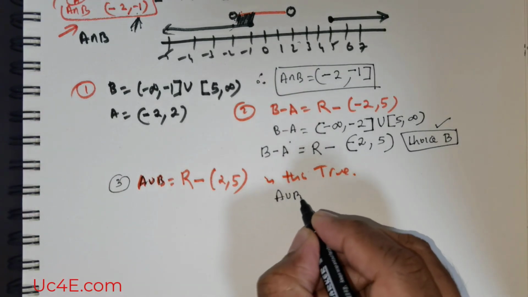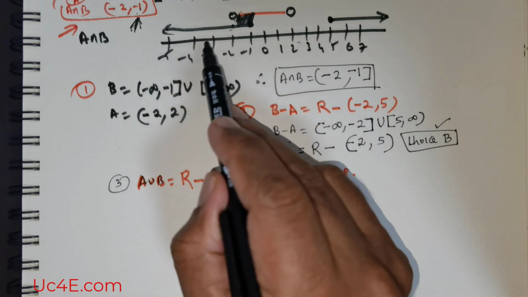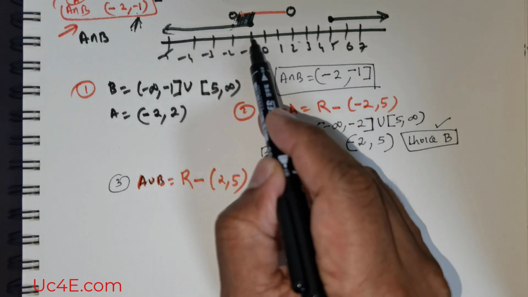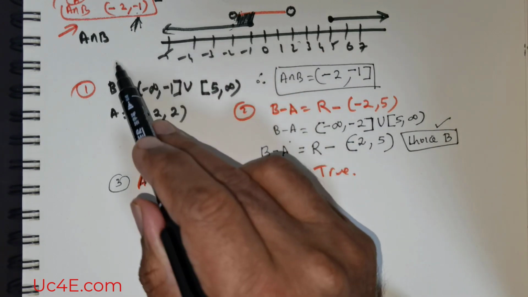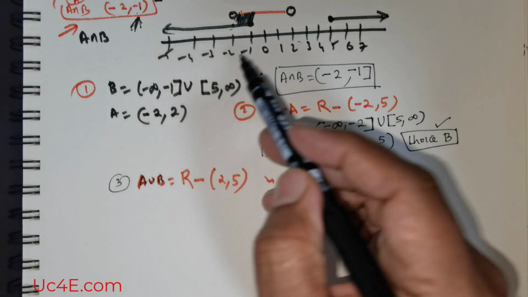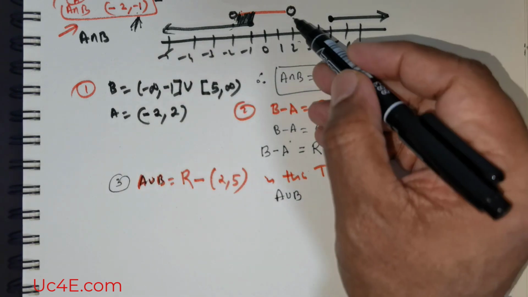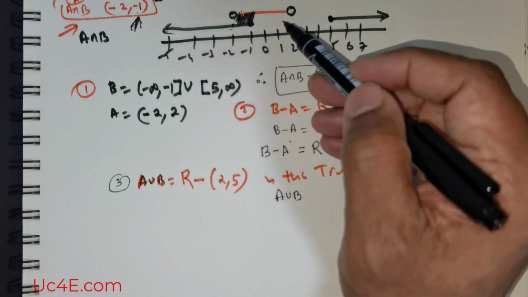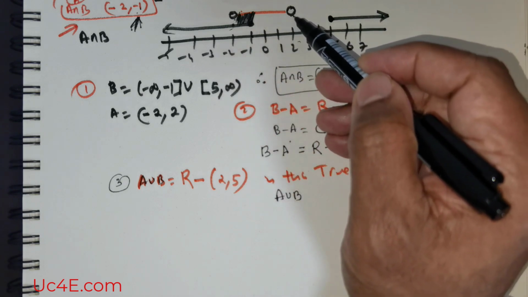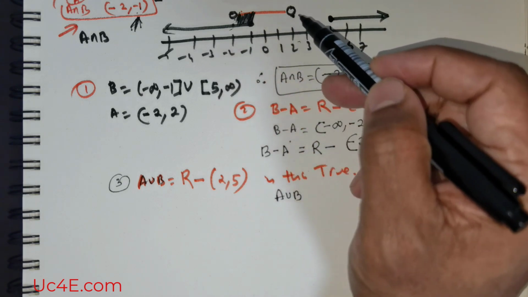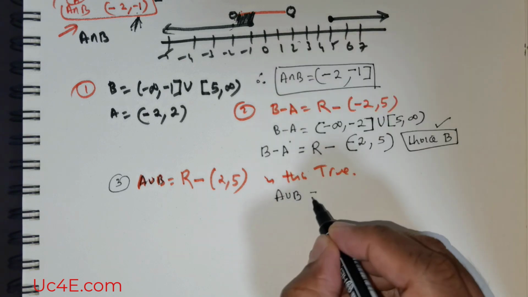A union B. Now my B is starting from negative infinity and moving up to negative 1, and my A is between negative 2 to positive 2. So that would mean, let me write that down.